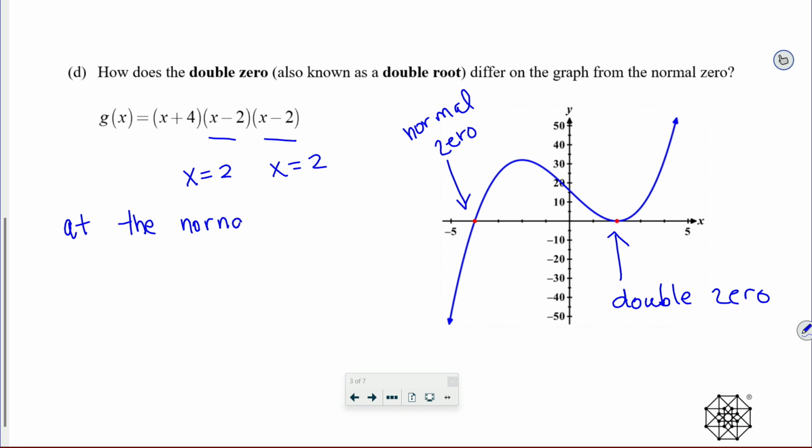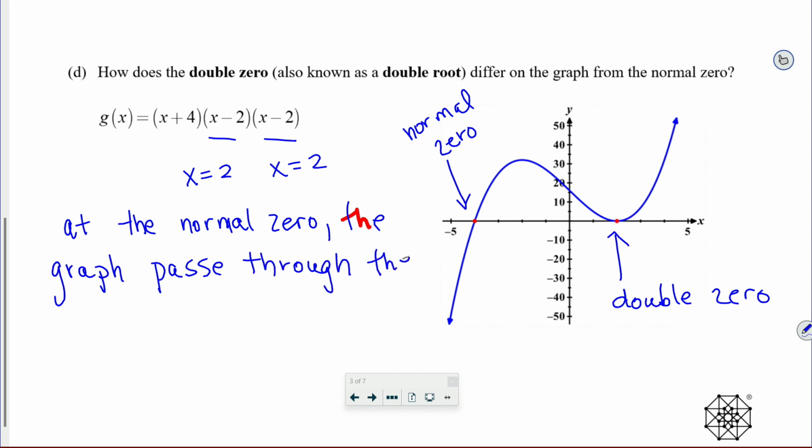So at the normal zero, the graph passes through the x-axis.